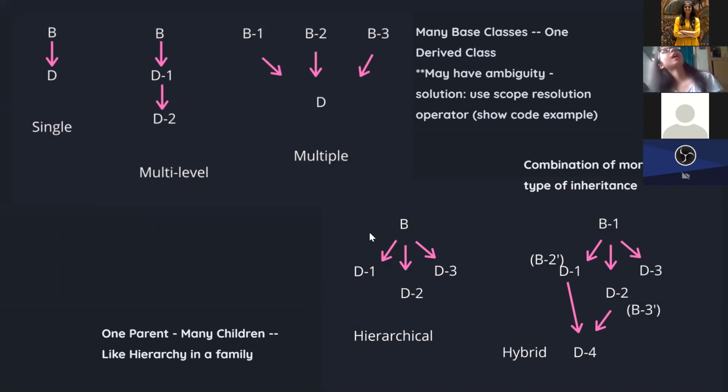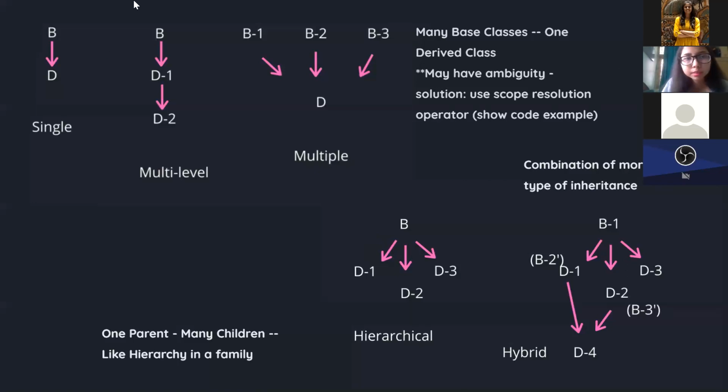Multi-level is when we have a derived class from a base class, and we have another derived class which is derived from the first derived class. So derived 2 will have all the methods from derived 1 as well as the base class. So this is about multi-level.